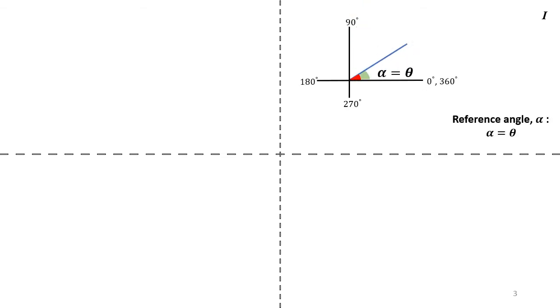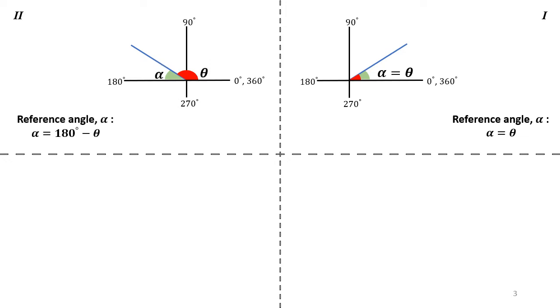How do we determine the value for the reference angle for any given theta? It will depend on the positioning of theta in our quadrant. Let's take a look when theta is in the first quadrant. Then our reference angle will also be the same value as theta. Alpha will be equal to theta. In the second quadrant, the reference angle is equal to 180 degrees minus theta because we will take the smaller part of the quadrant.